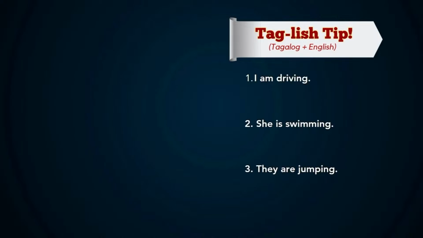So let's take a look at these examples. I am driving. She is swimming. They are jumping. We didn't learn how to say to drive, to swim, or to jump. We didn't learn those verbs. But you could always turn them into a mag-verb. So mag plus the English verb.